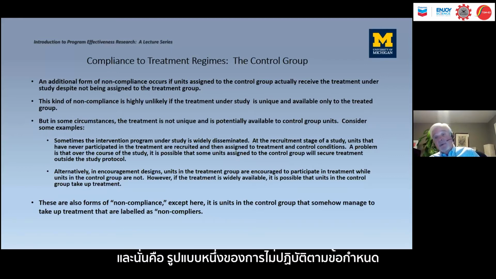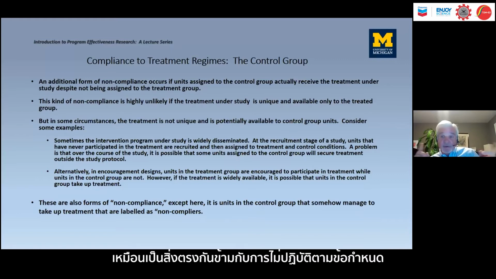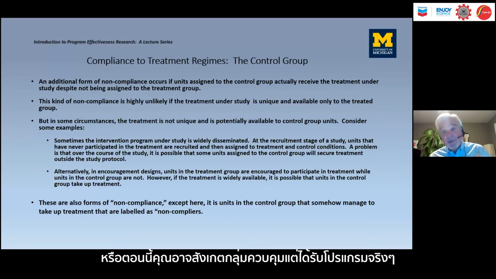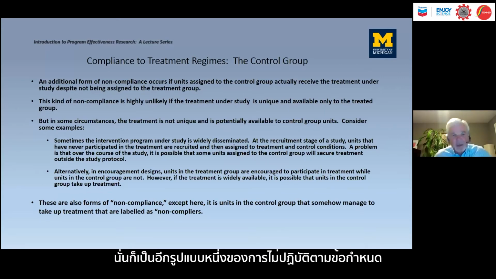And that's a form of non-compliance, sort of the inverse of the non-compliance that one would observe if you're assigned to treatment and don't take it up. Now you're assigned to the control group but actually take up treatment. That's another form of non-compliance.